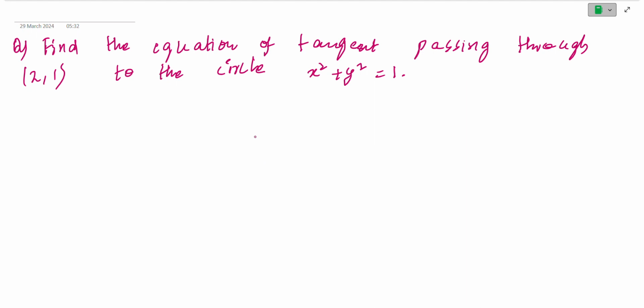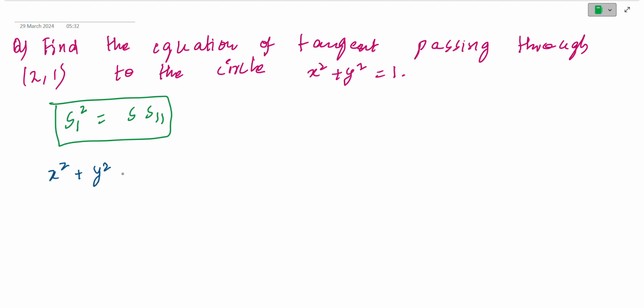So the equation of pair of tangents is, I know that, S1 square is equal to S into S11. Okay. So let me write the equation of the circle here. The equation of the circle is x square plus y square.